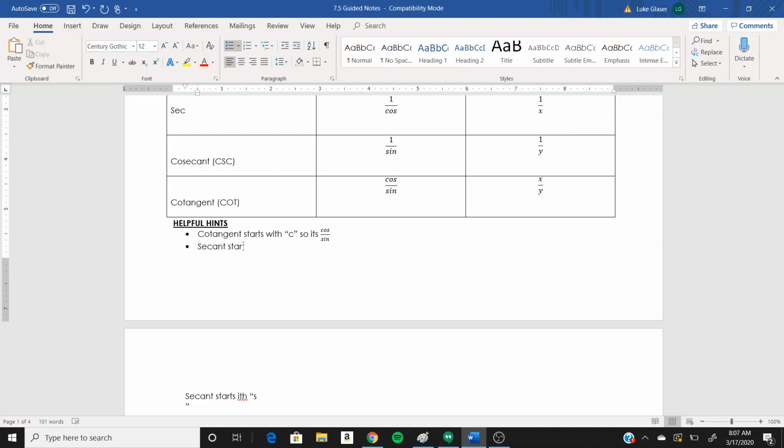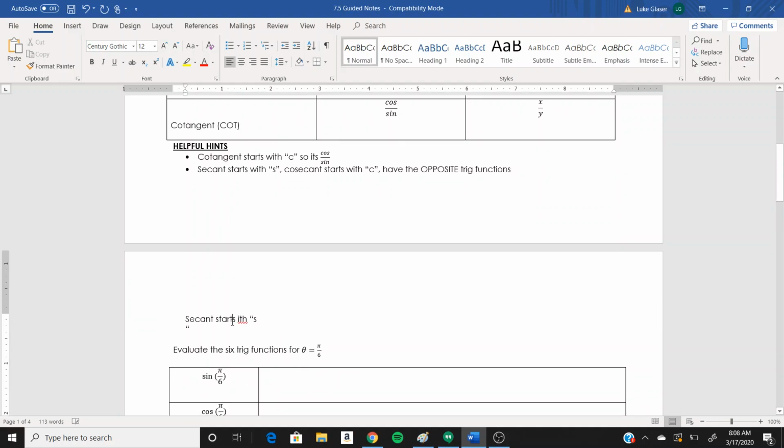Secant starts with S, cosecant starts with C. So you want to believe that secant is 1 over sine and cosecant is 1 over cosine, but it's not that. They have the opposite trig functions. So secant is 1 over cosine. Cosecant is 1 over sine. You want to believe that the letters would go together, but they don't.